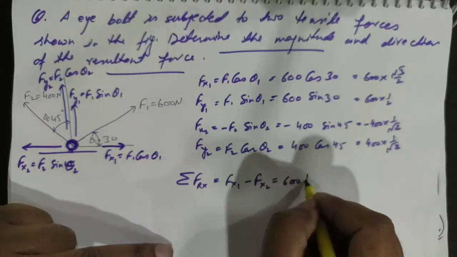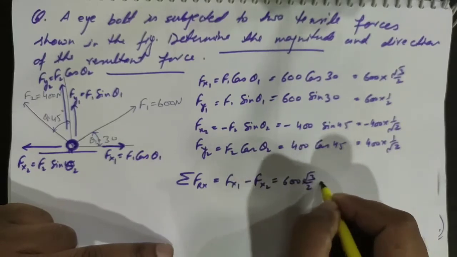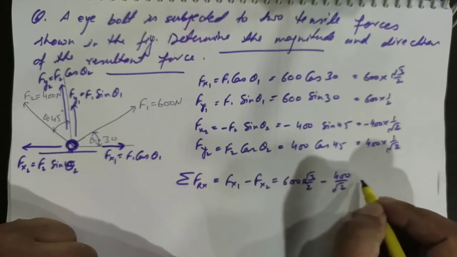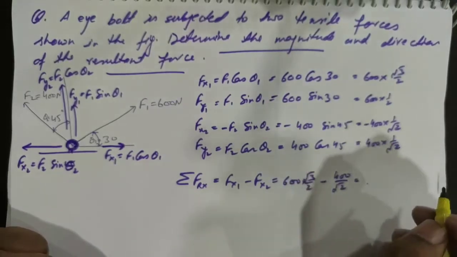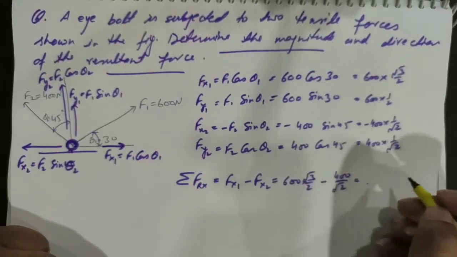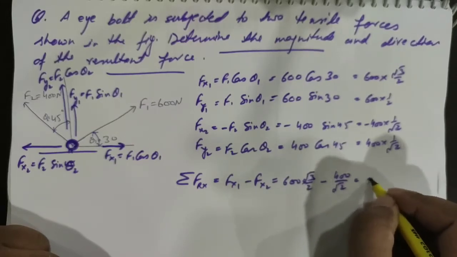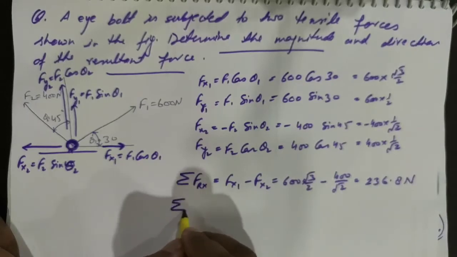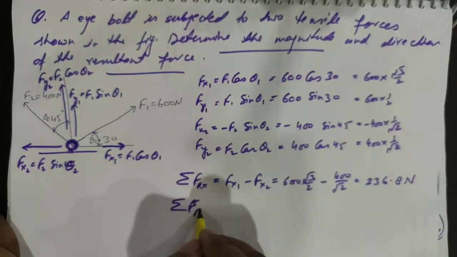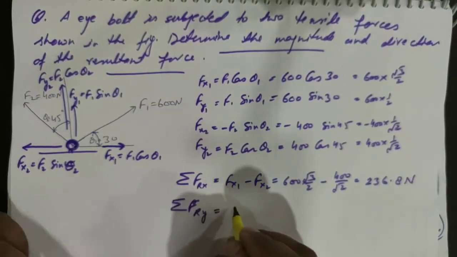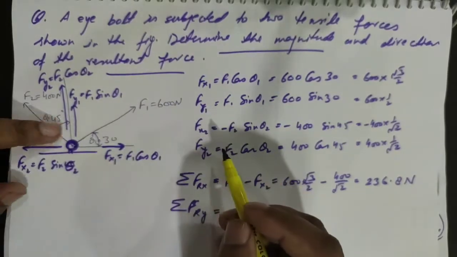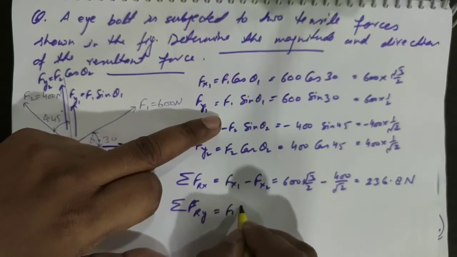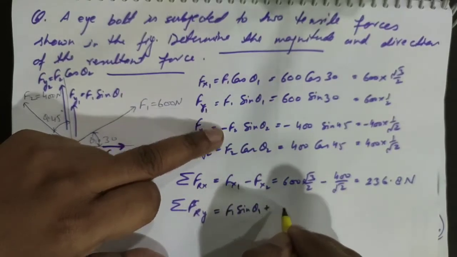This is 600 root 3 by 2 minus 400 by root 2. We can solve it, and that value will come to 236.8 Newton. For the summation of FRy, both y components have the same direction, so we will add both the values.